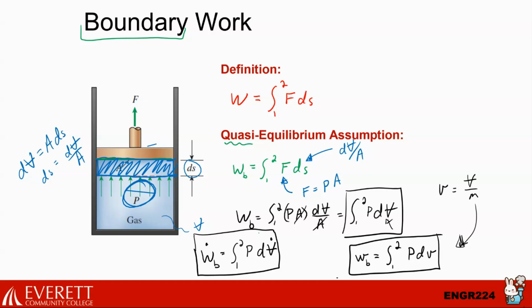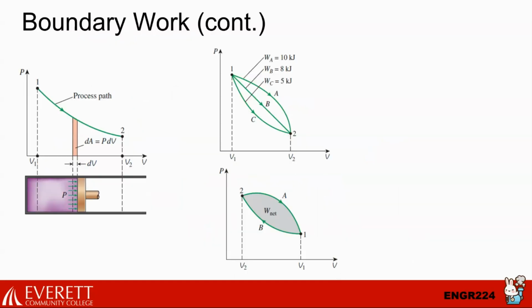Great. So that's our overarching assumption in this particular problem, departing with this work at the boundary pressure volume component. So let's see it in action. Really when we're thinking about this, we're talking about a process path. So we're working from 1 to 2, or doing work from 1 to 2, or 2 to 3, or 3 to 4.